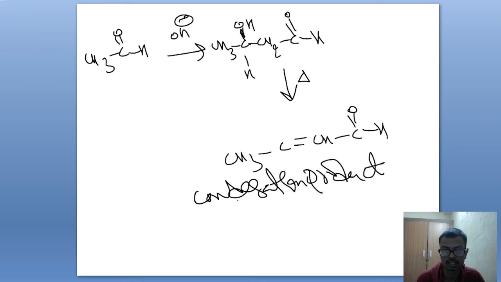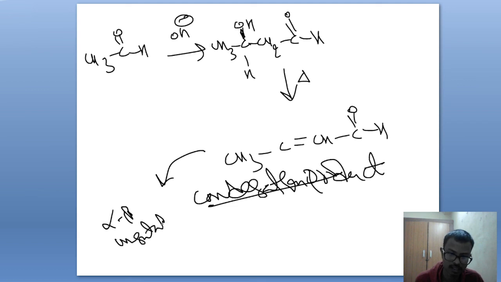Simply, what is aldol condensation? You take an aldehyde or ketone, add OH minus, and you get a beta hydroxy compound. Then you heat, and you get an alpha beta unsaturated compound, and this is called the condensation product.